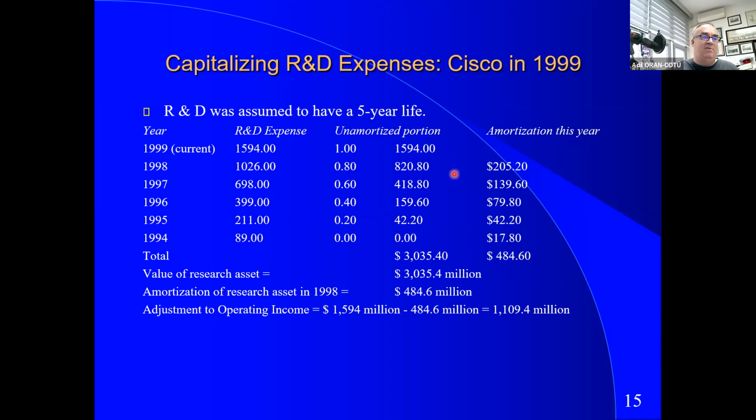So the difference of about 1.1 billion, there's going to be a 1.1 billion increase to EBIT as a result of this. So adjustment to operating income, this amount coming from here is no longer going to be an expense. This amount is going to be your new expense for 99, amortization of the R&D asset. So this 1.1 billion is going to be needed to be adjusted to the EBIT of the company.